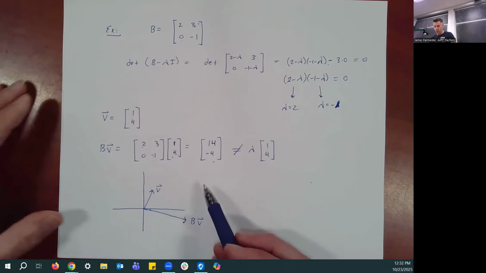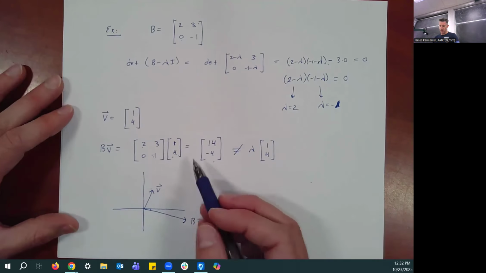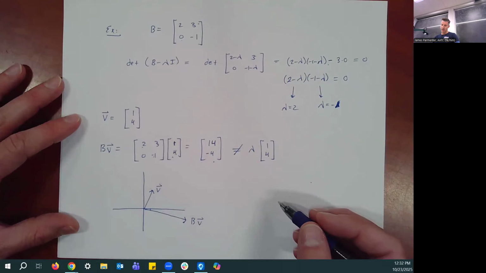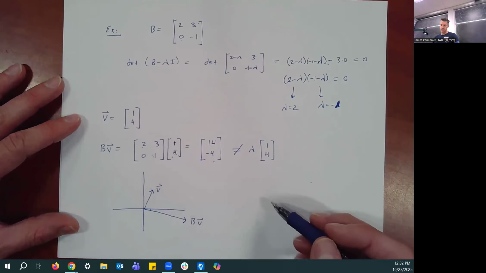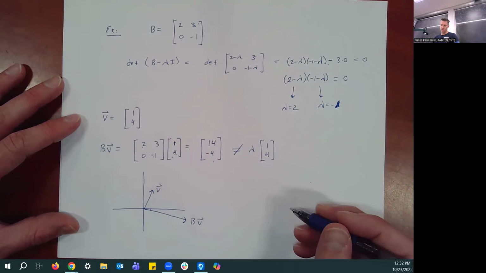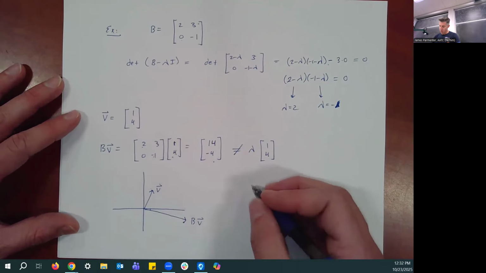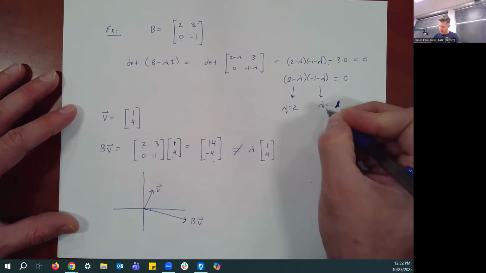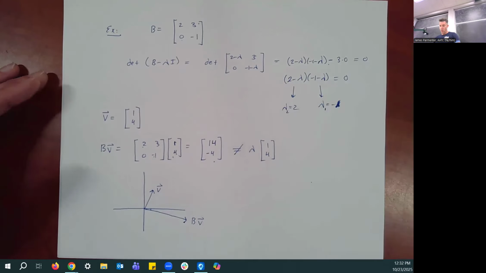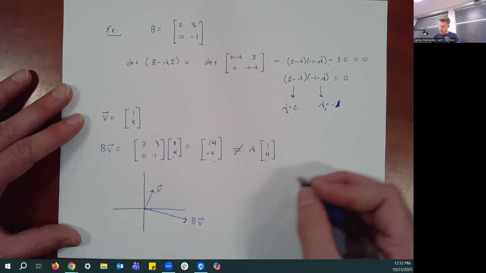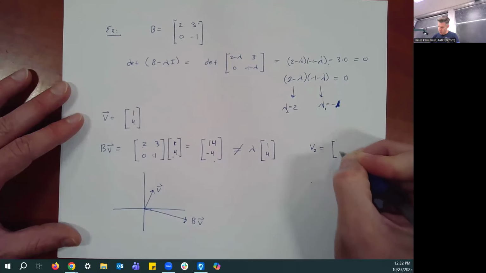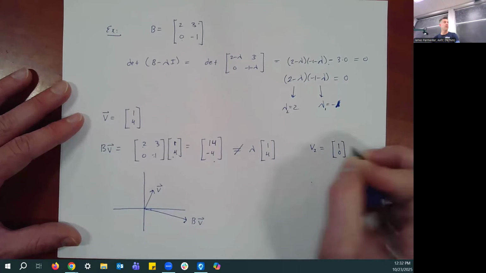So here, one of the easy ones is, now I have to make sure I know what it is. Yep, that should work. So one of the eigenvectors, let's say this is lambda 2 here, this is lambda 1 here, is V2, the vector 1, 0.